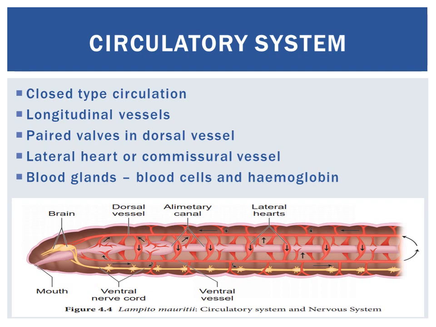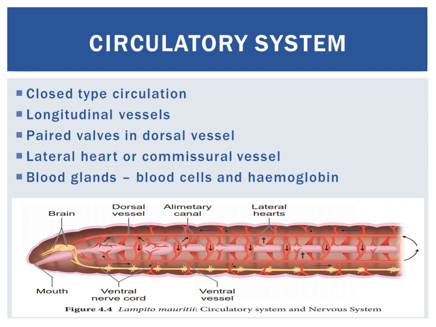These lateral hearts or commissural vessels are not present throughout the body of this earthworm. They are present only in segments number 6 to 13, connecting the dorsal vessel to the ventral vessel.